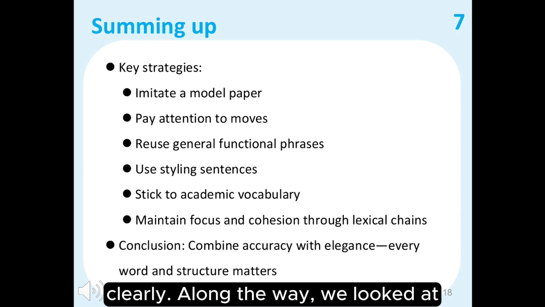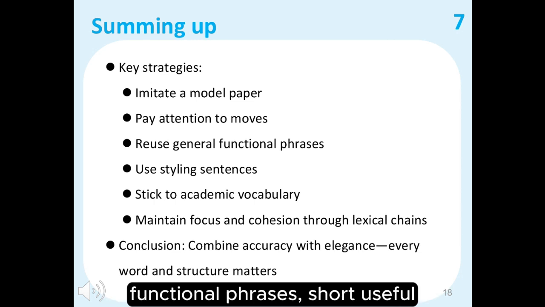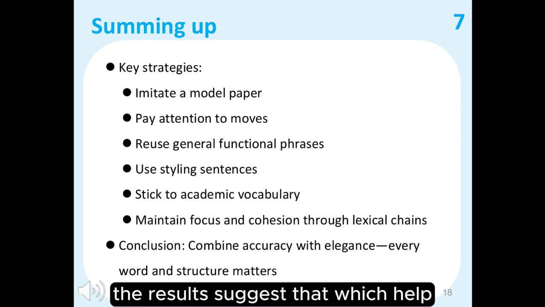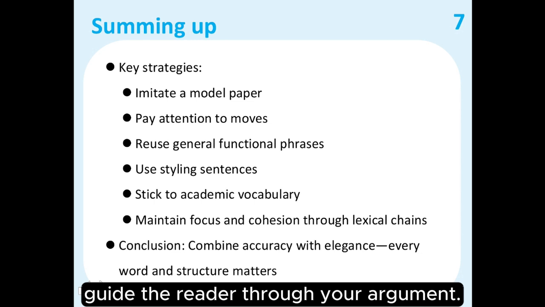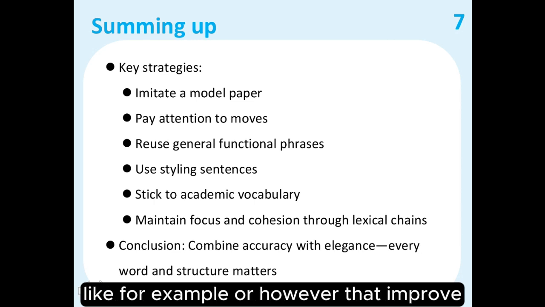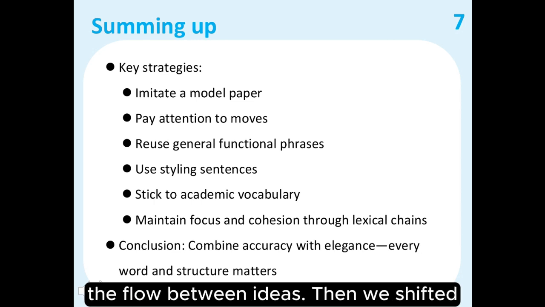Along the way, we looked at functional phrases, short, useful expressions like "this study aims to," or "the results suggest that," which help guide the reader through your argument. We also talked about general connectors like "for example" or "however" that improve the flow between ideas.